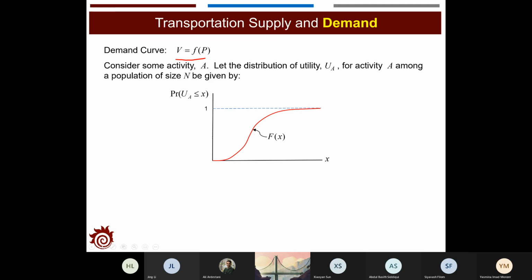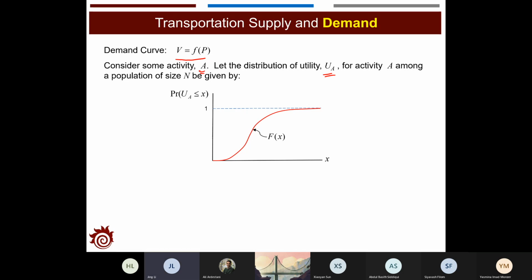But in order for us to determine the demand, we need to consider the utility of the activities. For example, let's consider the activity A, and if we know the distribution of the utility for the activity A, which means that we know the distribution of UA, and we also know how the population in that area will choose the activity depending on the utility values.